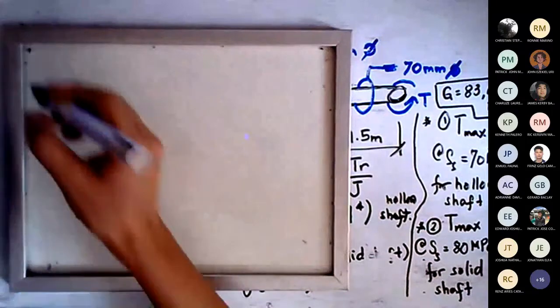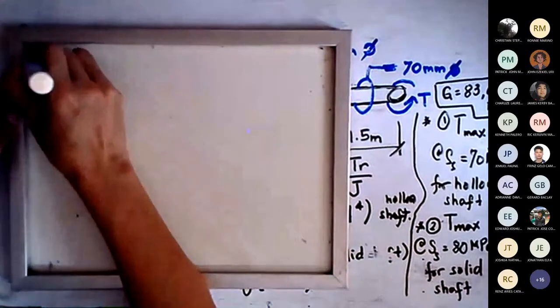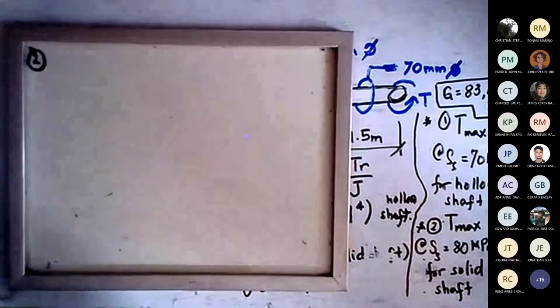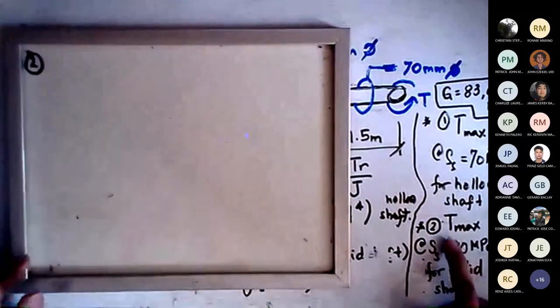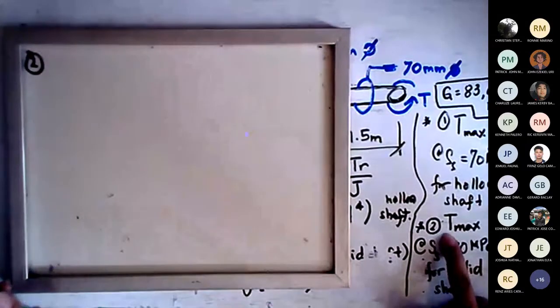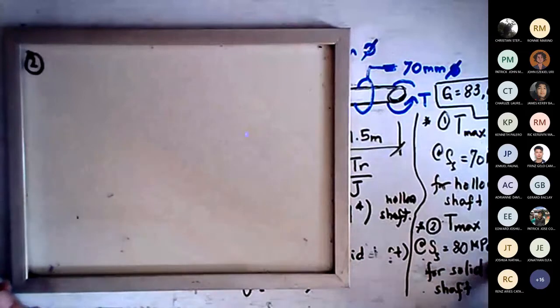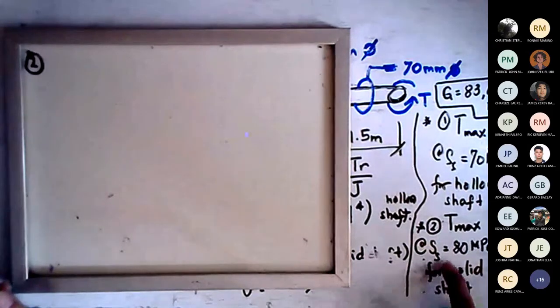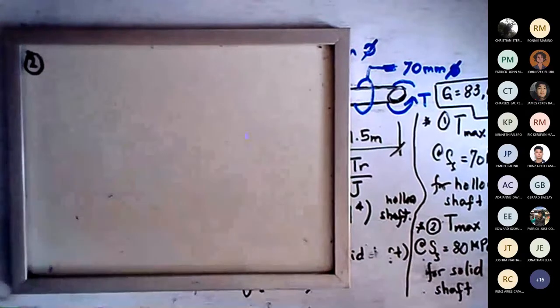For question number 2, what we are going to do is to solve for the maximum torque, this time for the solid shaft, at ang given niya na shearing stress ay 80 megapascal.